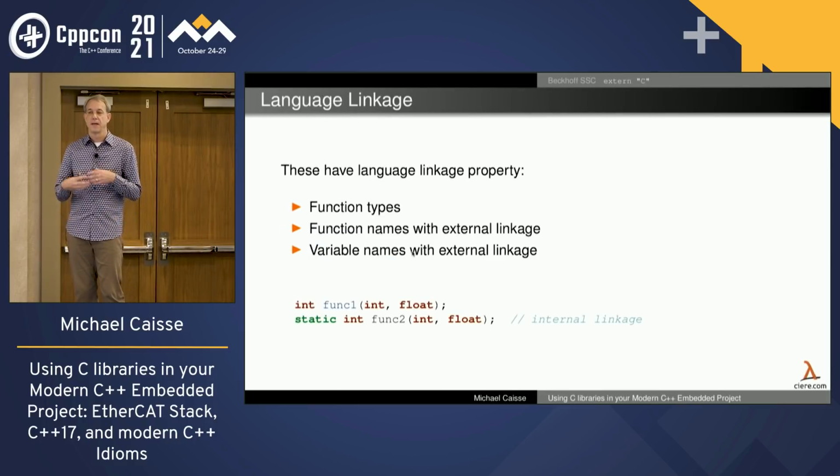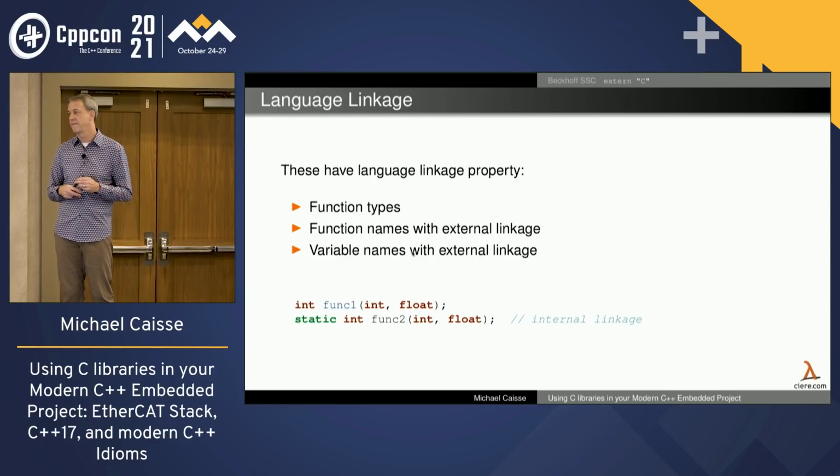So there's this thing called linkage properties. Function types, function names with external linkage, and variable names with external linkage all have a property associated with them called the language linkage property. By default, things are external, so they have external linkage.